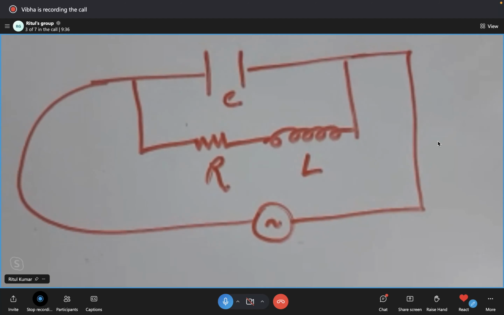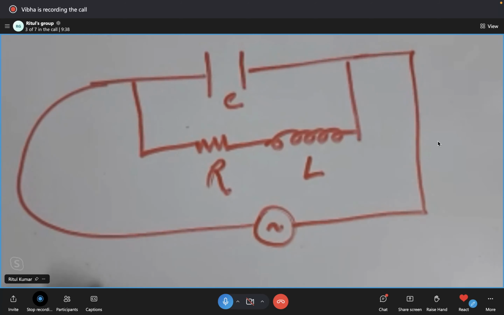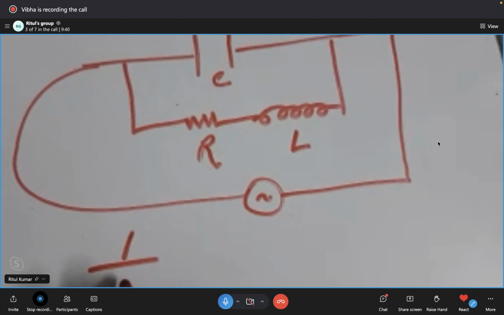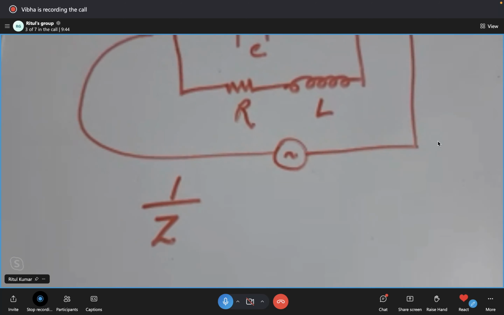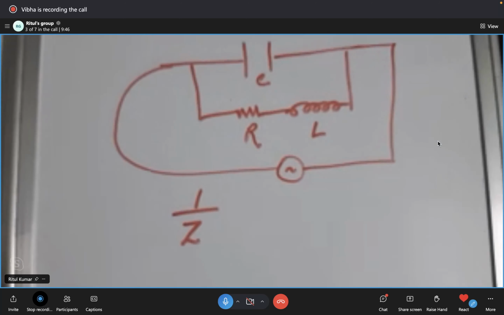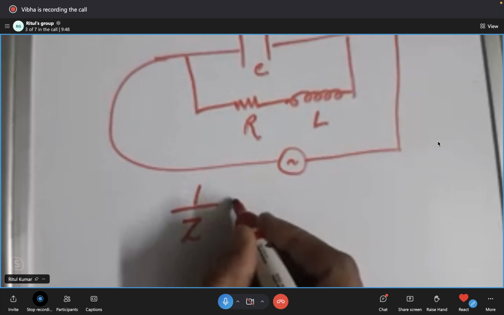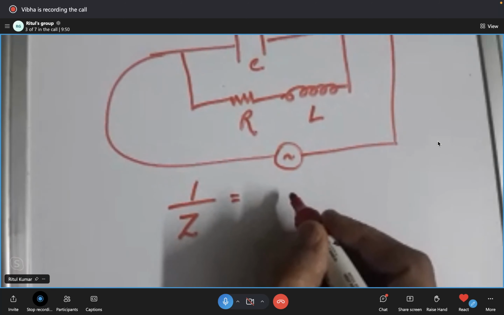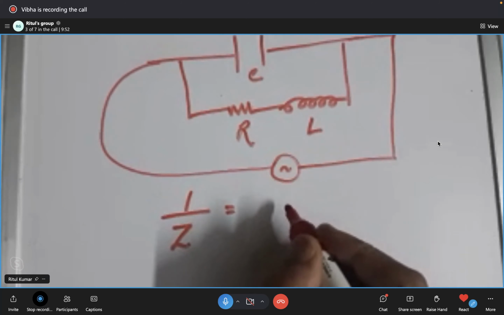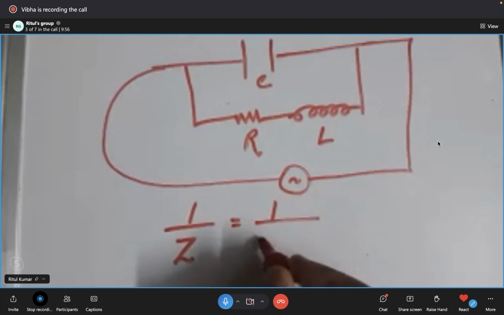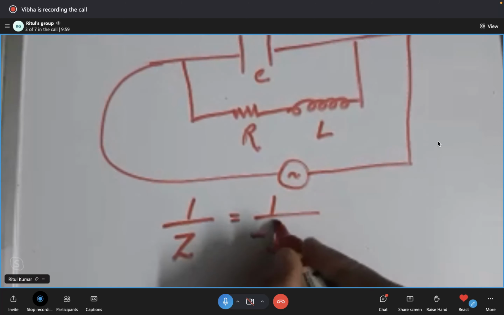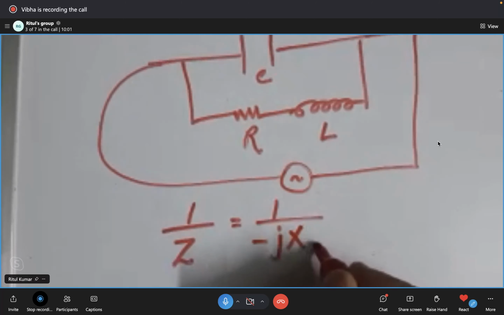Yes. So what are we to write? We are to write 1 by Z effective is equal to 1 by Z1 plus 1 by Z2. As Z1, I'm referring to the capacitor. What will be 1 by Z1? 1 by Z1 will be 1 by minus j XC.